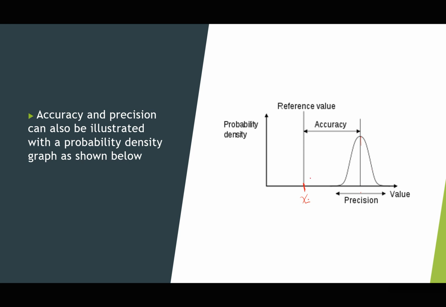So you notice that there is a big deviation of the average value of all these measurements from the true value. The further the average of this value is from the true value, the poorer the accuracy. But the narrower this is, the higher the precision. So it means precision is not affected by accuracy. Values can be precise even when they are not accurate.